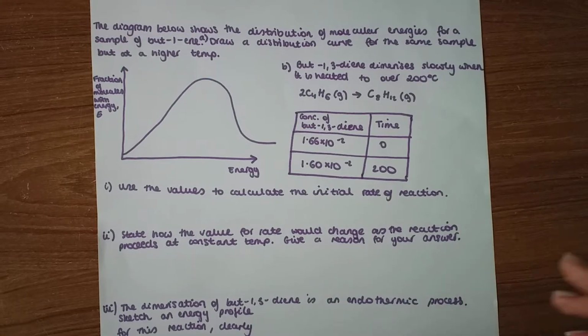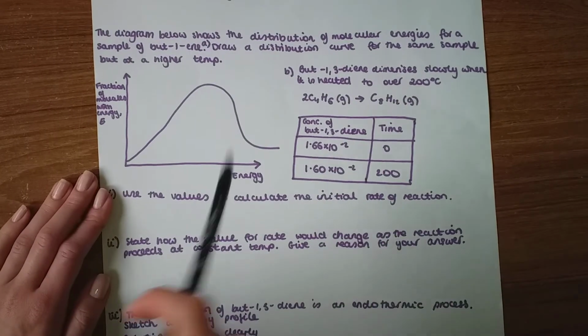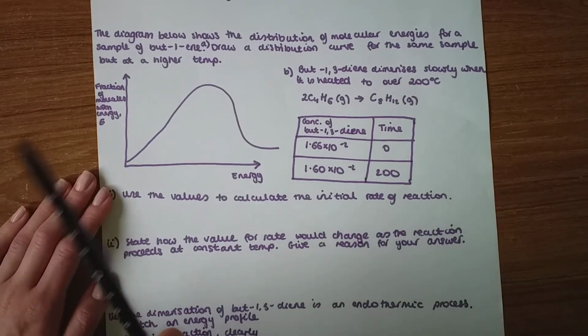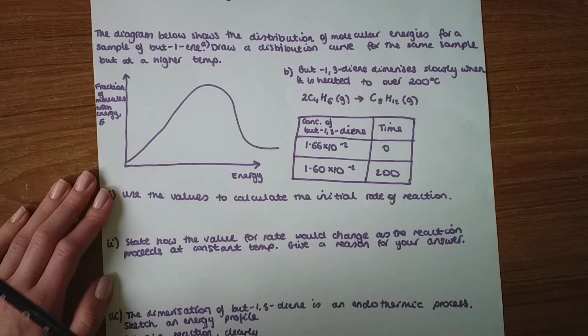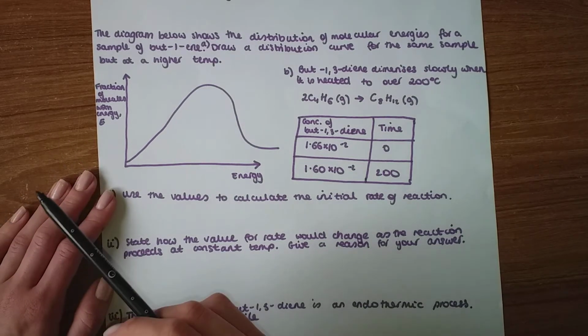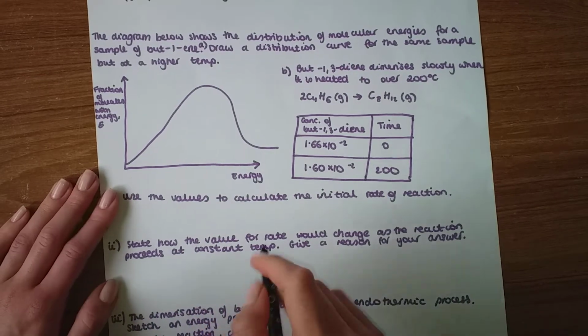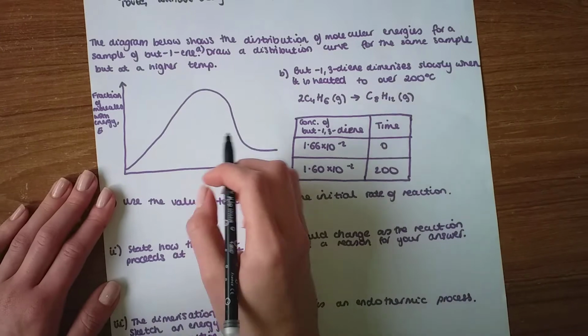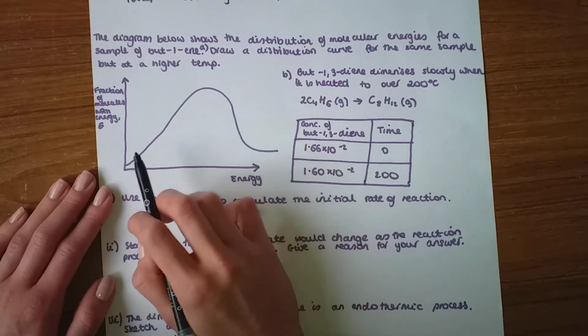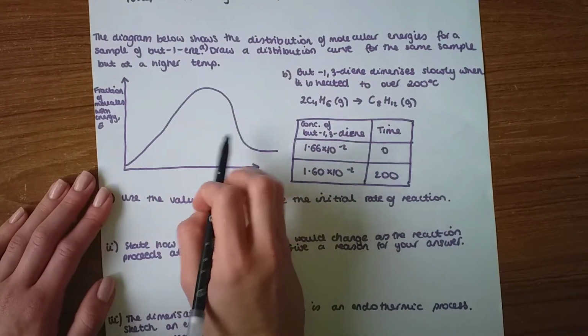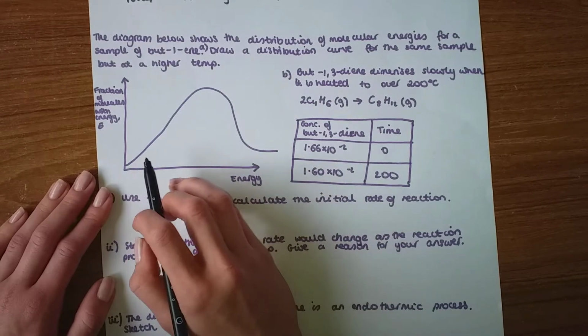It has lots of parts, so let's get started with it. The diagram below shows the distribution of molecular energies for a sample of but-1-ene. Draw a distribution curve for the same sample but at a higher temperature. So, if you read my post, you will know a couple of tips that I got.